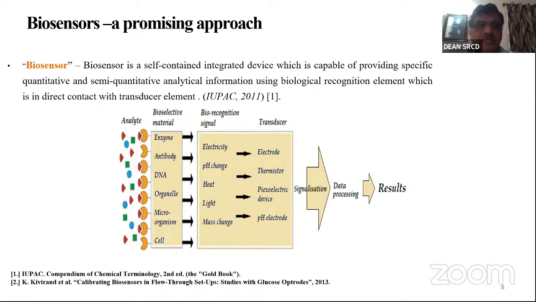And that's what you people are expert at, that if you have a transducer, maybe a pH or maybe a photomultiplier tube or maybe a microchip, for instance, or it could be optical, could be electrochemical and so on. And you can primarily then expose this biological interaction of a chemical substance or a biological substance and try to quantify that interaction. That's the fundamental principle for some of us just to relook at.